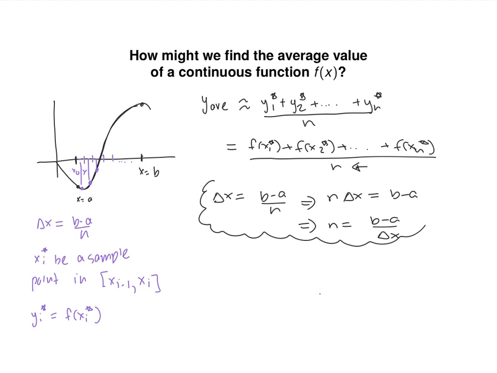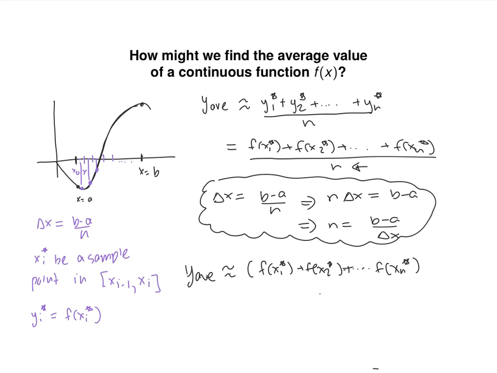So using that, we have that y_av is approximated by f of x1 star plus f of x2 star up to f of x sub n star, all divided by (b minus a) over delta x.